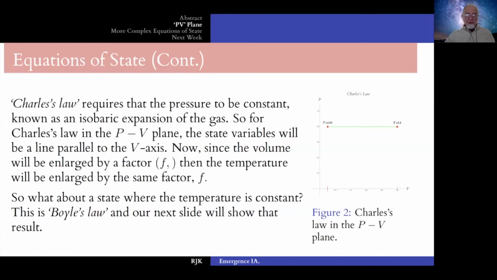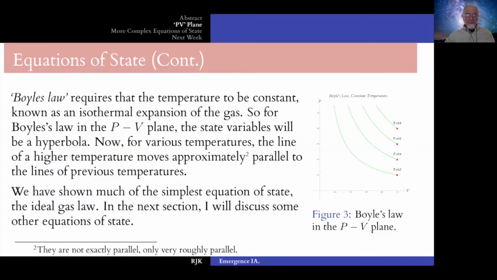And what do we talk about if we have the temperature constant? This is Boyle's law that we talked about before. Here we have the same PV plane, but we have hyperbolas, which are only roughly parallel. And for each line here, the temperature is a constant.